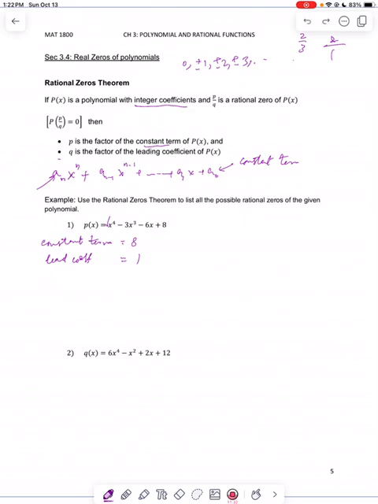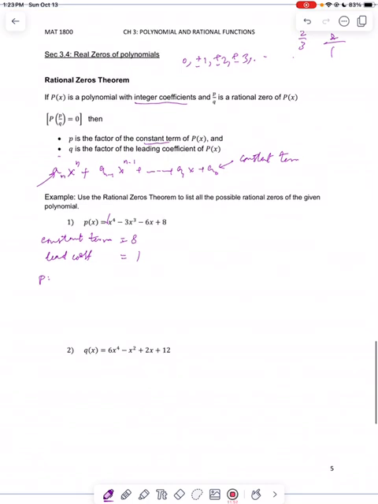Or possible values of p. You can just put p colon. It will be all the factors of 8. What divides 8? Well, we know 2 and 4 divide 8, but what other numbers divide 8? 8 divides 8, and 1 divides every number, so 1 is always going to be there.